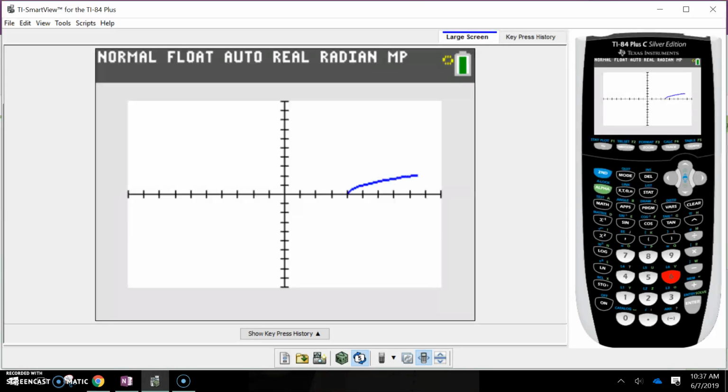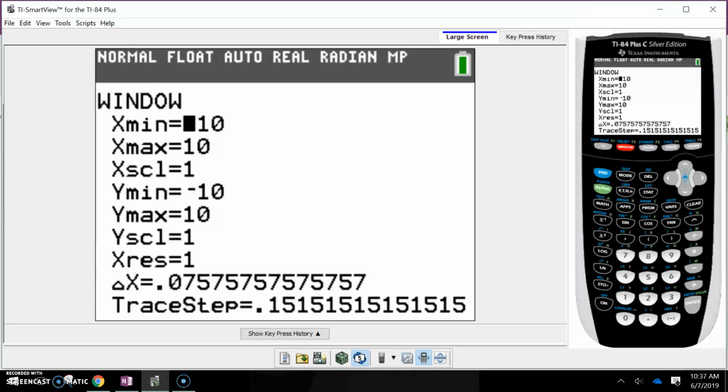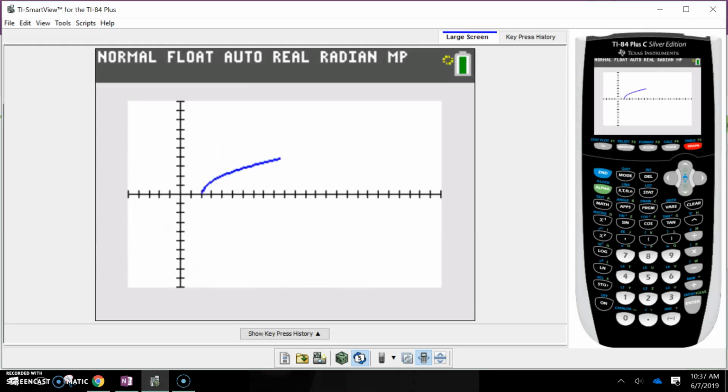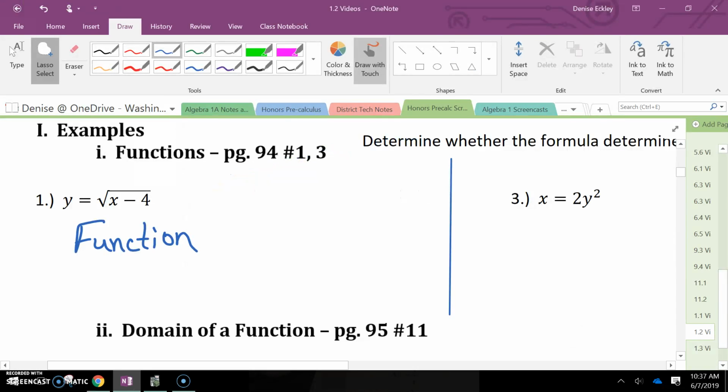And what I see is that even if I change my x max value to like 50, count by 2's, I'm going to see that this will pass the vertical line test. Each x has a unique y, which is what I want. So this is indeed a function.